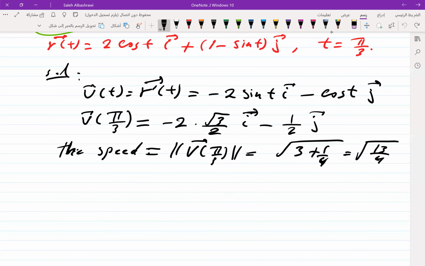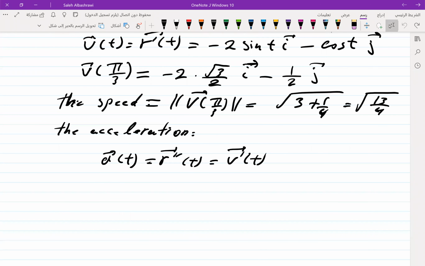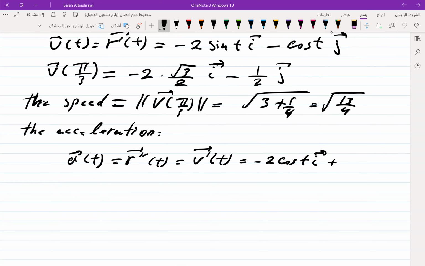Now for the acceleration, equal to the second derivative of t, or the first derivative of v of t. That will be minus 2 cosine t i plus sine t j at pi over 3.